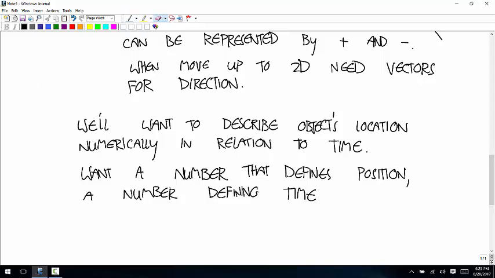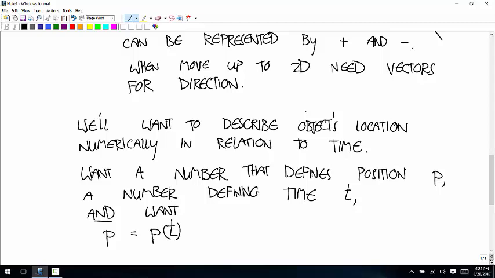We'll call the number defining the position lowercase p, and the number defining time lowercase t. And we want the position to be a function of time.